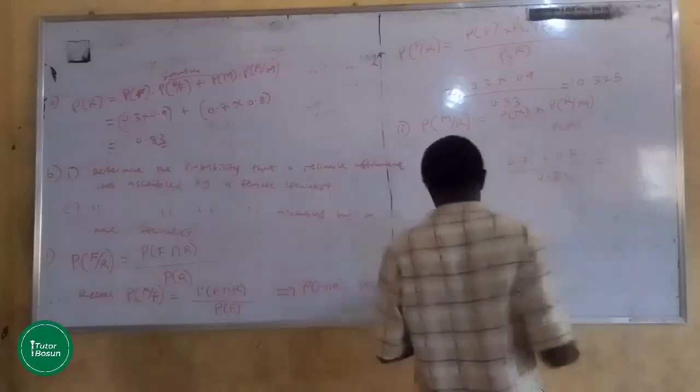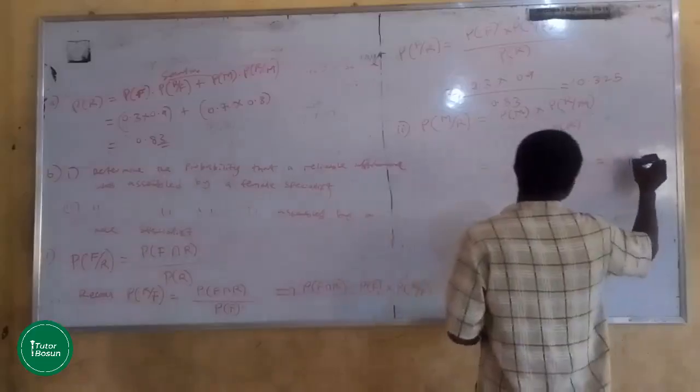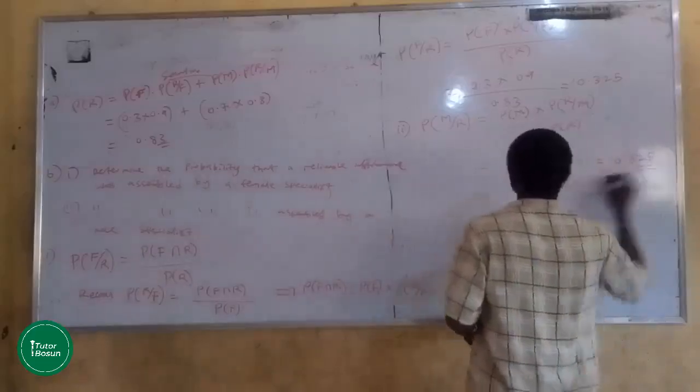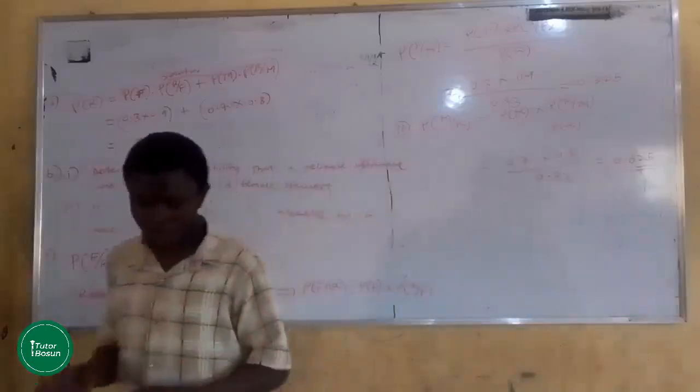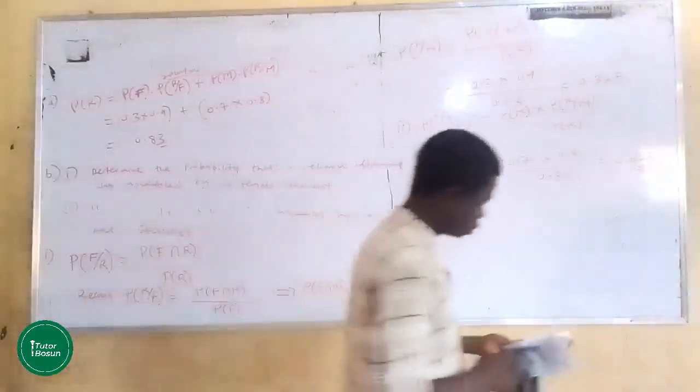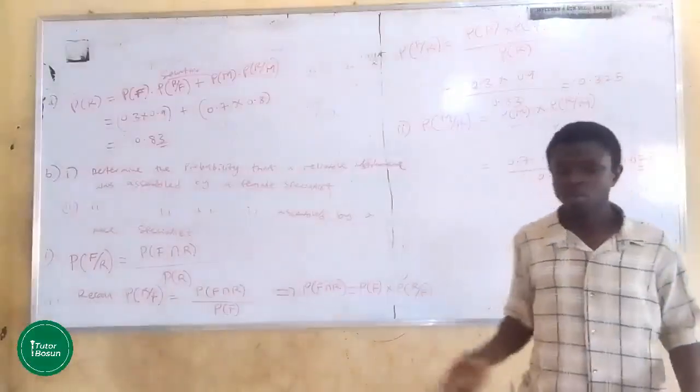If you do this with our calculator, we should be getting 0.625. So that's the solution to that problem.